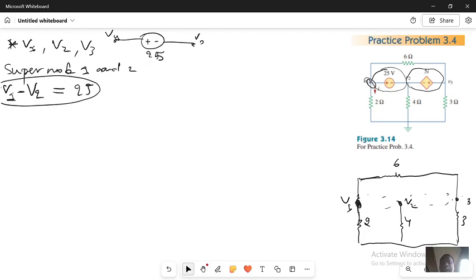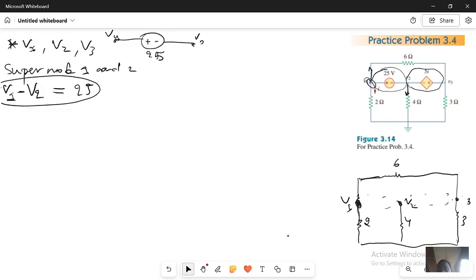Now in this supernode 1 and 2, I have to check using KCL. I'm going to use KCL. In this one, this current is leaving. I have another current here, and I have another current here.